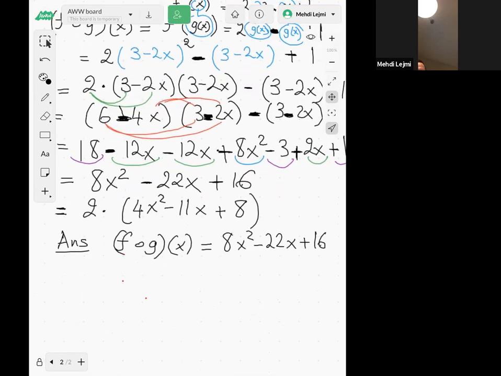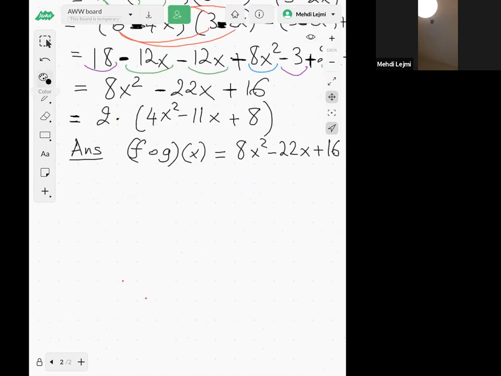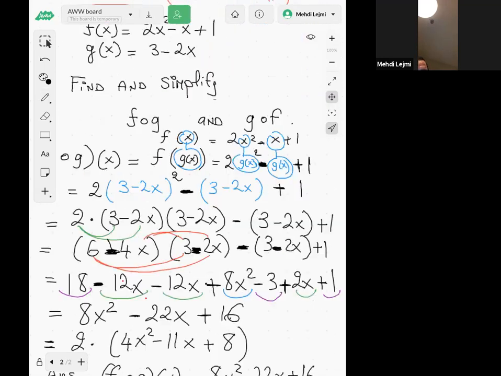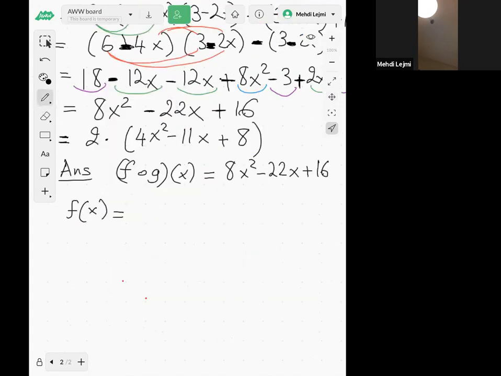All right, so now the G composed with F, guys. Let me write again the F of X. F of X is 2x squared minus x plus 1.